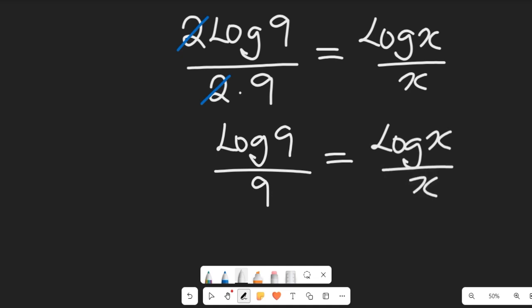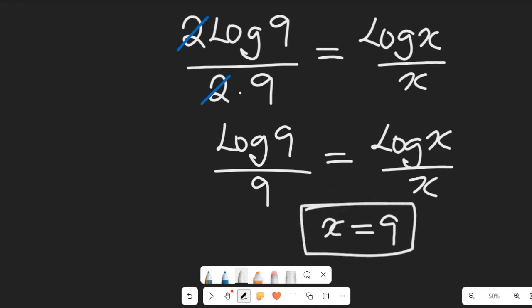So if we compare these two expressions, we can see that x can be equal to 9. The value of our x is 9, and 9 becomes the solution to this expression given to us up here.